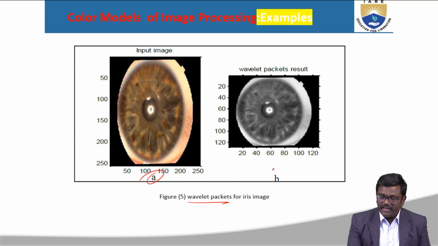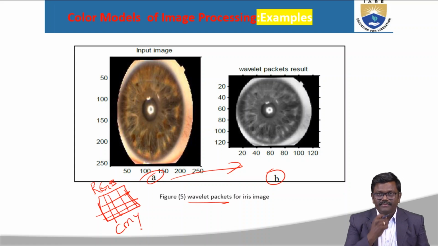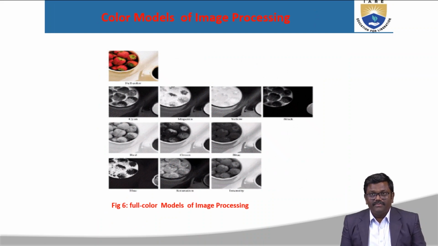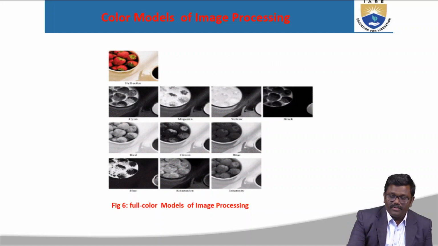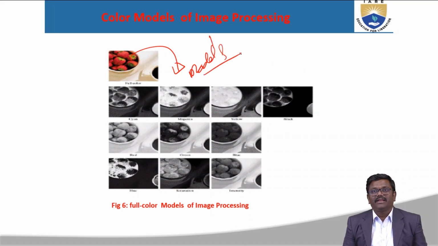So you divide the particular image into the required model. You have the RGB model, from this you convert into CMY, including the K factor also. Like that, full color models of image processing can also be used for finding certain hidden information.